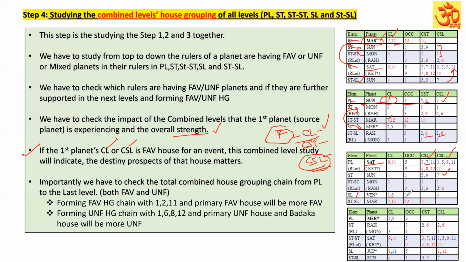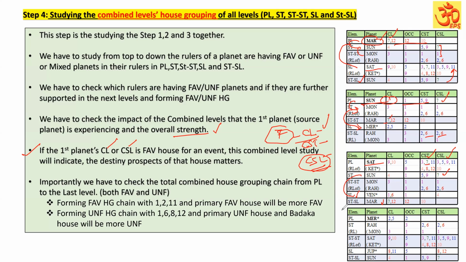But 1 and 1 are present, and they are supporting the star lords. 4, 1, 5, 9, 7 are supported by the 1, 1, 1 because Lagna is playing. So the star lord or the sublord is having some weakness and is also favorable. Here the star lord is having some weakness at the sublord and star lord of the sublord, but good house groupings are formed. That way, the seventh star lord is also not weak.